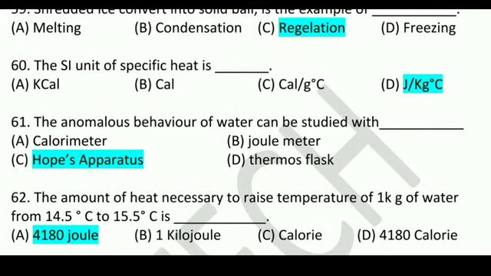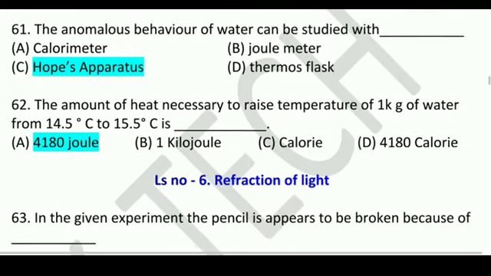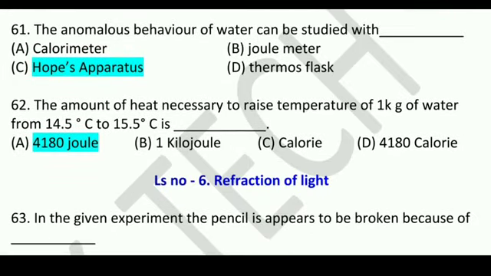The SI unit of specific heat is joules per kg degrees Celsius. This is the SI unit of specific heat. The anomalous behavior of water can be studied with dash. Correct answer is with the help of Hope's apparatus.